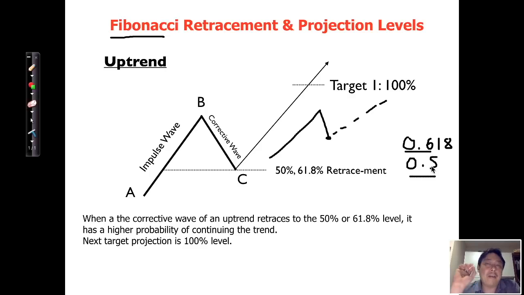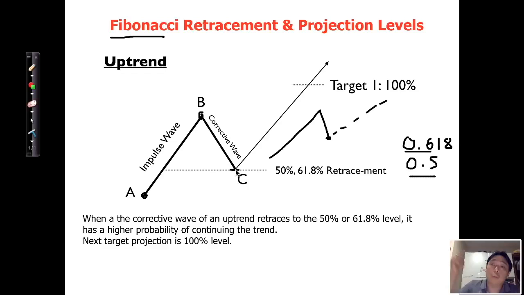Now, 0.5 is not really a Fibonacci level, but for some reason, prices tend to retrace to the 50% level. So what it means is this, okay? When you look at a wave pattern, always think in terms of A, B, C. A is the start of the impulsive wave. B is the end of the impulsive wave. And C is the end of the corrective wave.